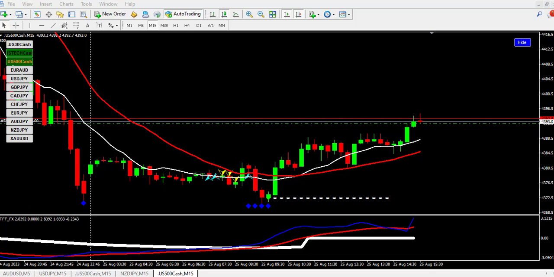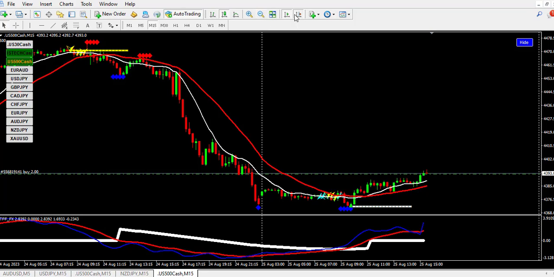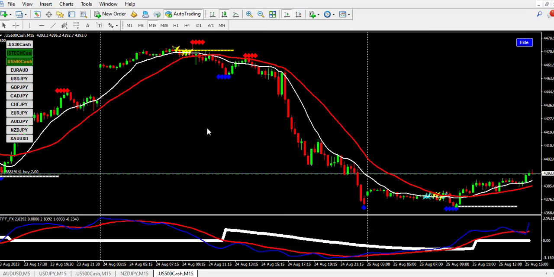Let's go back a bit and let me show you a sell signal generated by this same indicator. Now here we have a perfect signal generated.